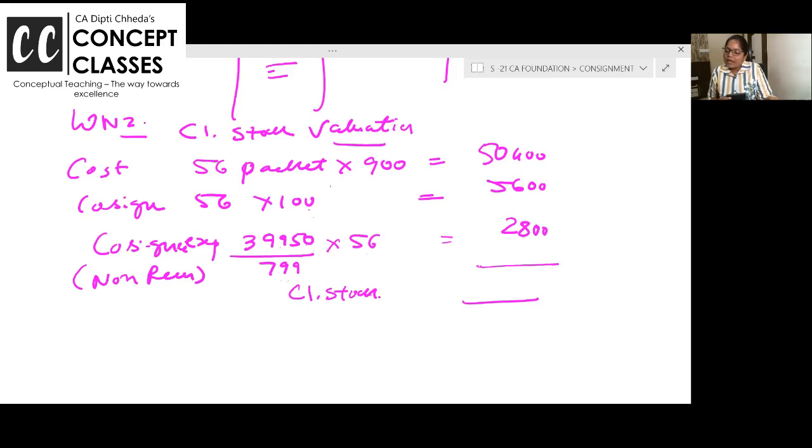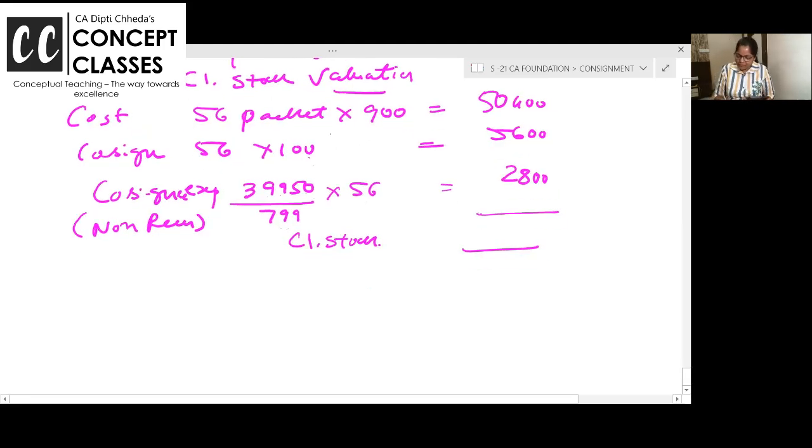1 second. 800 packets are sent. 740 packets are sold. Is my calculation correct?